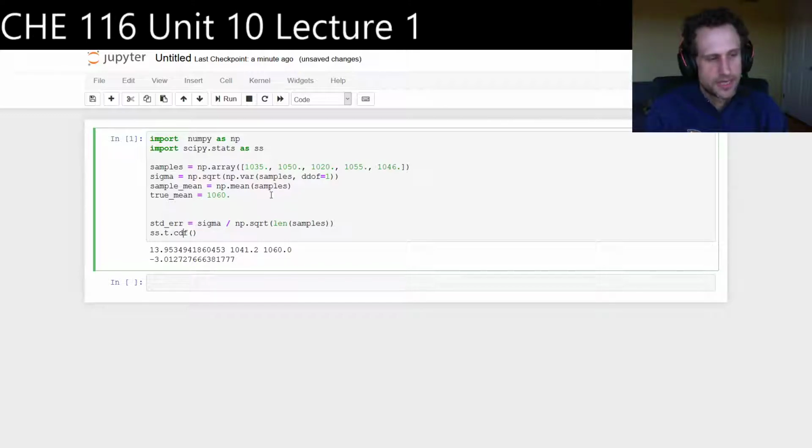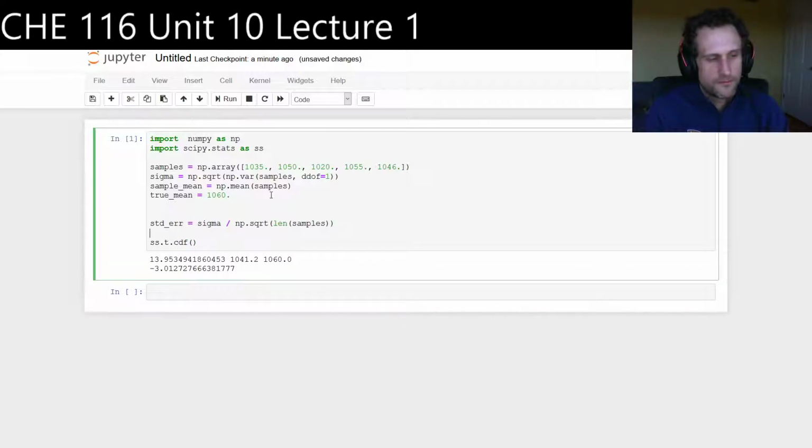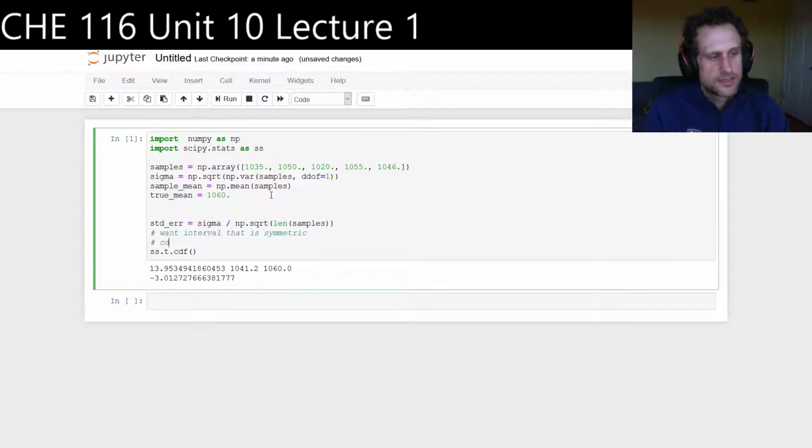Okay, so I'm going to use the CDF, right? I want to compute the probability of an interval, and I want an interval that is symmetric. Remember, the CDF goes from minus infinity to my value.